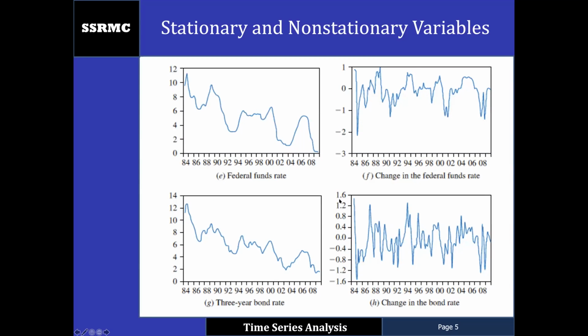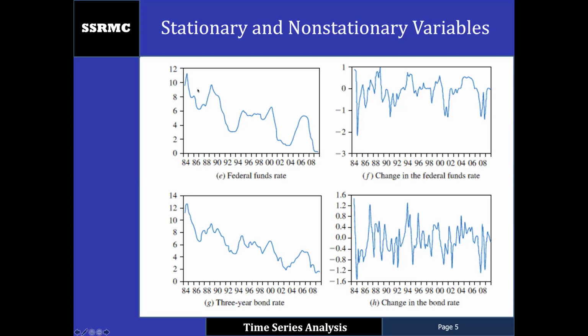On this slide, I give you two more time series. One is the federal funds rate. Another one is the 3 year bond rate. On the right-hand side, similarly, I calculated the first difference and plotted them against time.